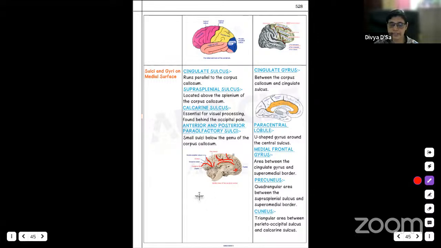This is the highest center for micturition and defecation. Both the motor and sensory components of micturition and defecation are controlled there.